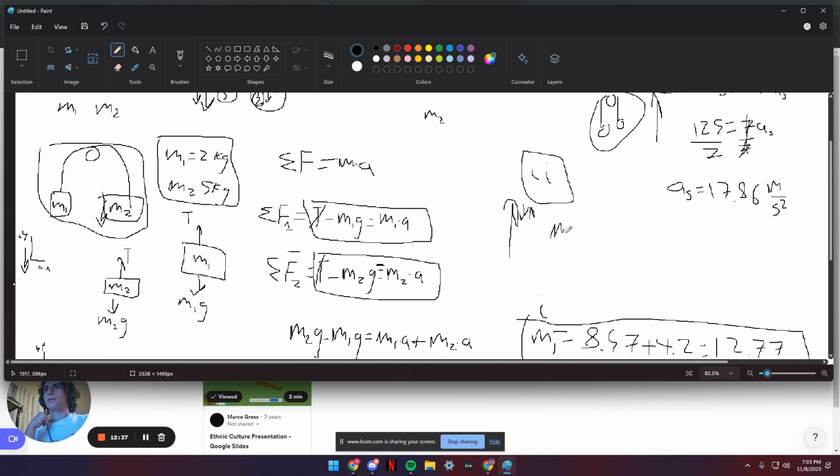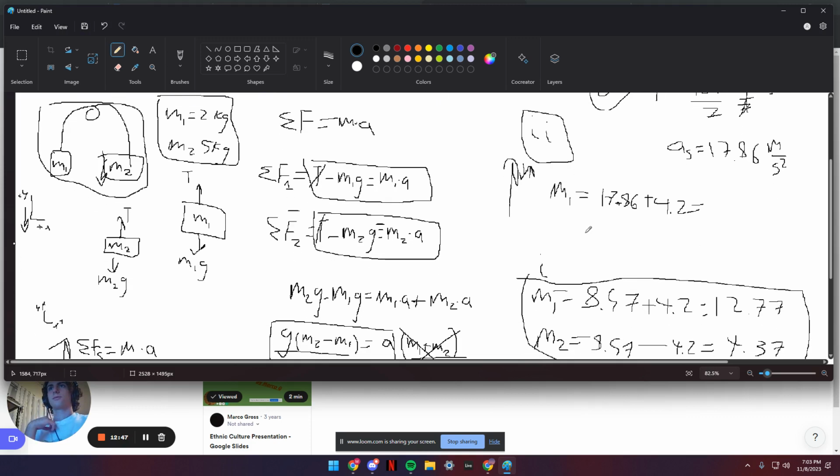So mass 1 is equal to 17.86 plus its original value, the one we got in the original problem, 4.2, and mass 2 is equal to 17.86 minus this original value.